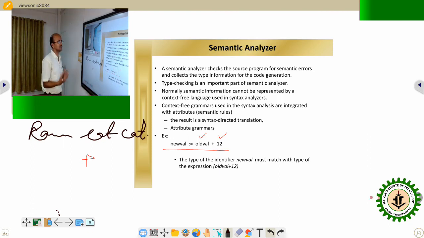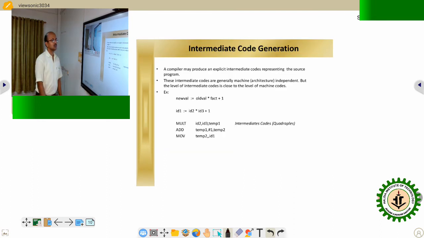Now intermediate code generation. Okay, so once your program is grammatically correct, and the meaning of the program is clear to the compiler, then it's time to generate the code. Now we are reaching how to generate the code.